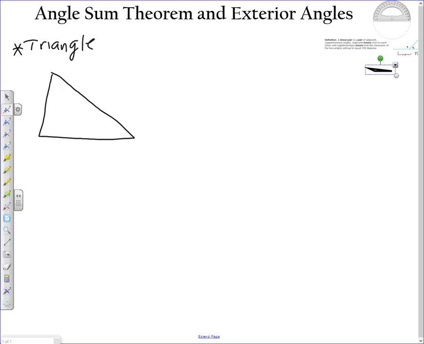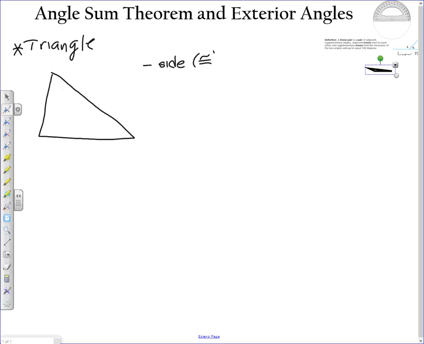Now, there's many ways you can name a triangle. One of them is using the sides. So what is so special about the sides? Well, we use congruency to label them.